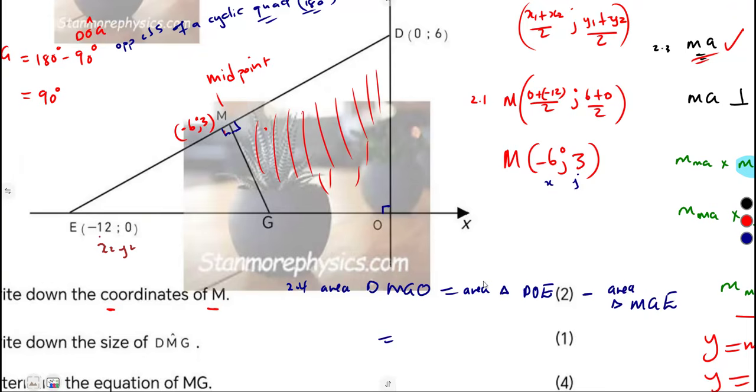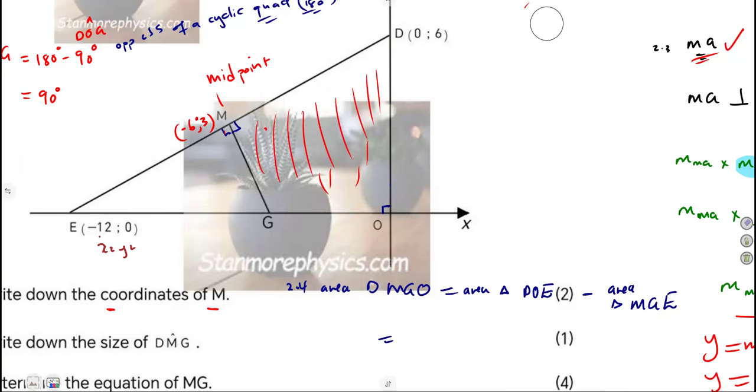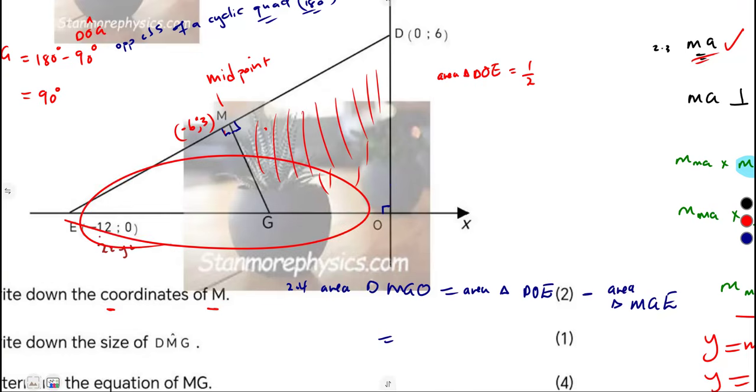So the first one, I can obtain its area, DOE, from D to O to E. We can determine that area separately. It is a right-angled triangle, so it's half of the base times the perpendicular height.